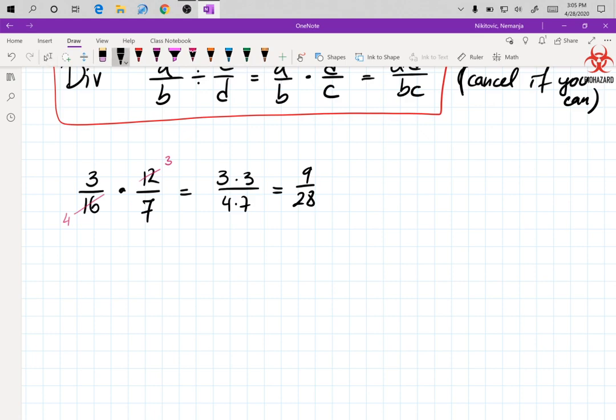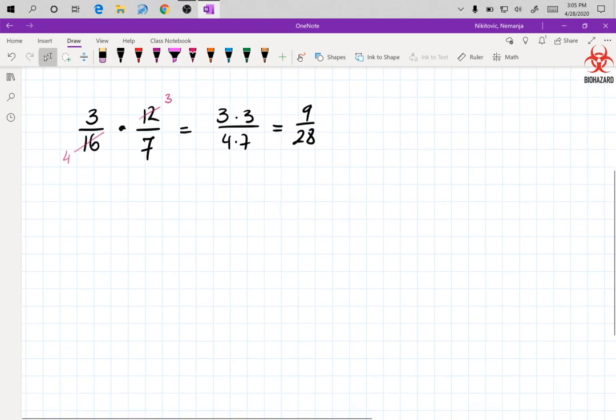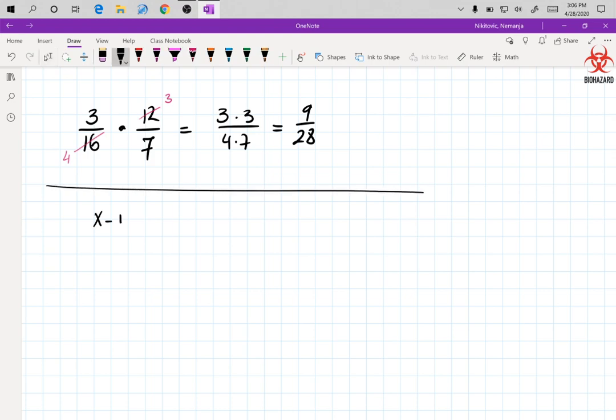But today we care about expressions, which means now you are going to have something like this: x minus 1 over 4x times x plus 3 over x minus 1.